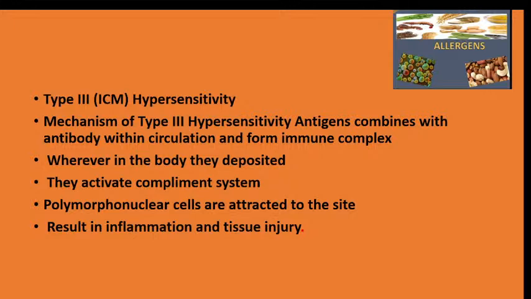the complement system will be activated. That means a cascade of reactions or changes in the immune response will take place. As a result, the polymorphonuclear cells, the PMN cells, are attracted to this site, and this results in inflammation and tissue injury of those specific cells.